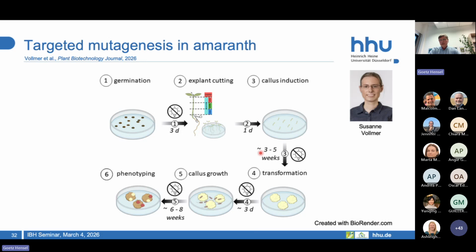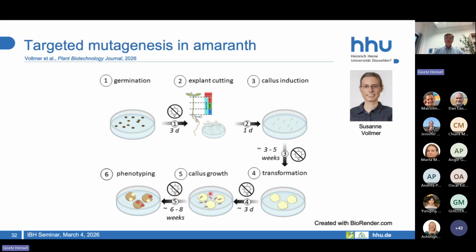To analyze the betalain pathway in Amaranth, Susanne first had to establish a plant transformation technology, as there are a few papers out, but it's not a very common method. Susanne used hypocotyl explants and first induced callus, which was then co-cultured with agrobacteria.